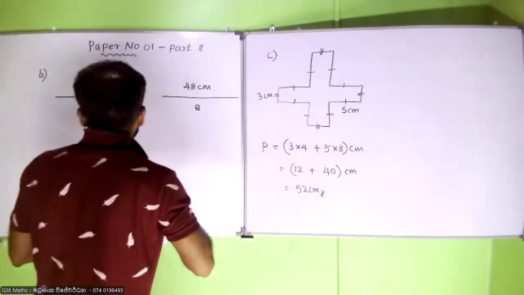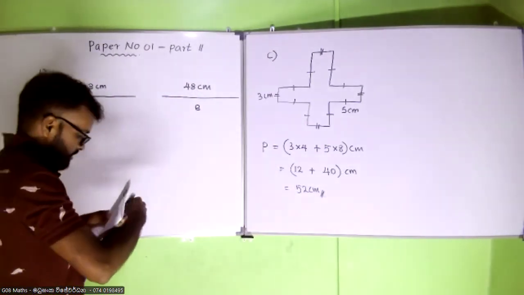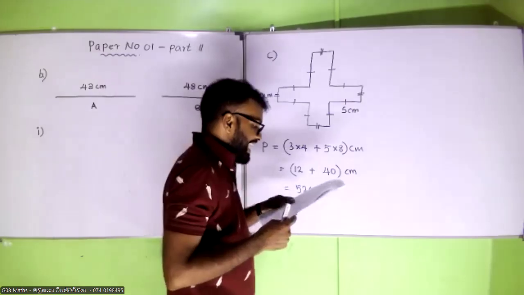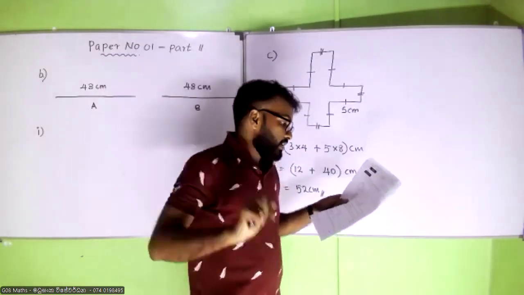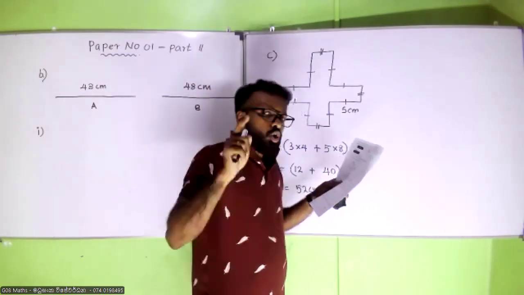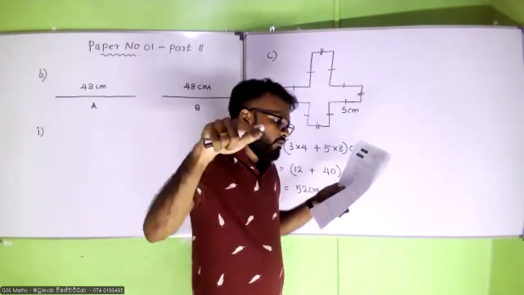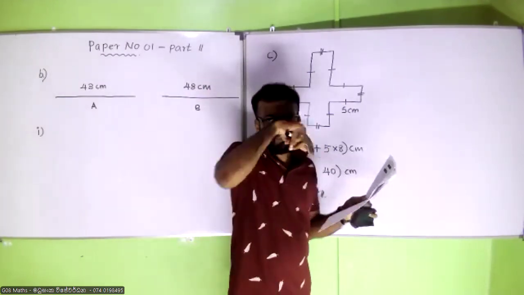Question number 1. Let's read that. The student makes an equilateral triangle using the wire. Draw a rough sketch of this triangle and mark the lengths of its sides.